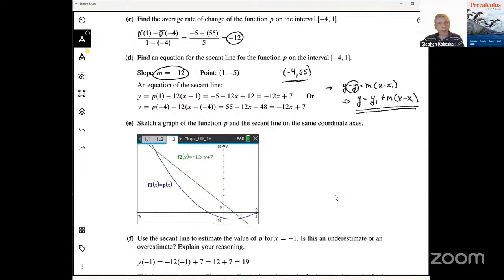So let me see if I've got this correct. y is equal to y1, p of 1, plus this m, which is -12, times x minus x1, 1. And I did a little bit of simplifying. I know that p of 1 is -5. And let's see if I did everything correctly. I ended up there with -12x plus 7.